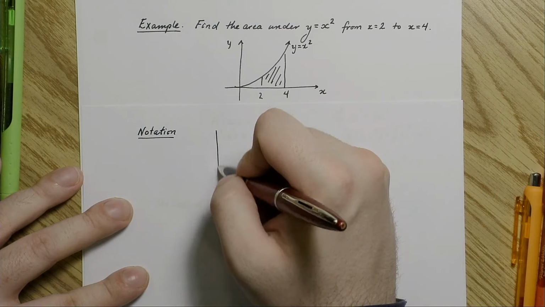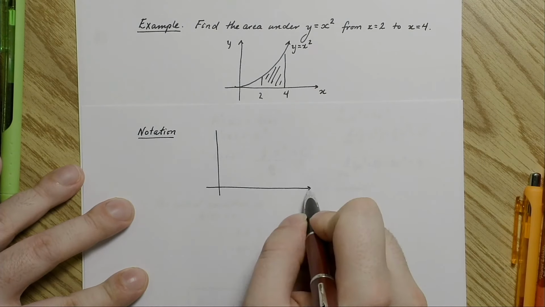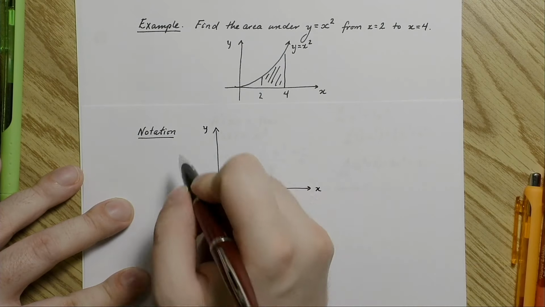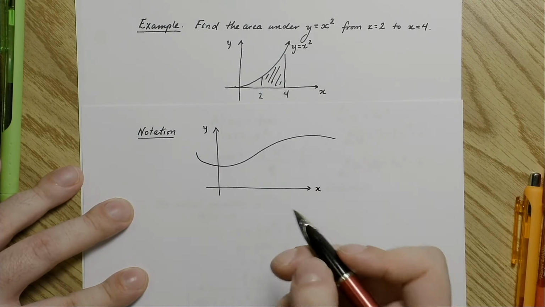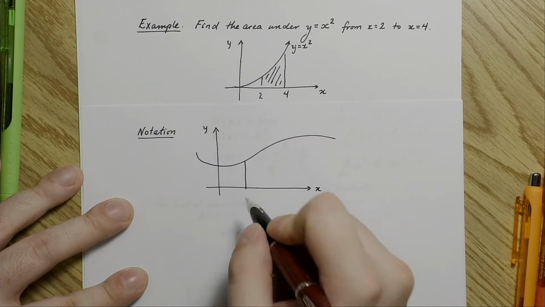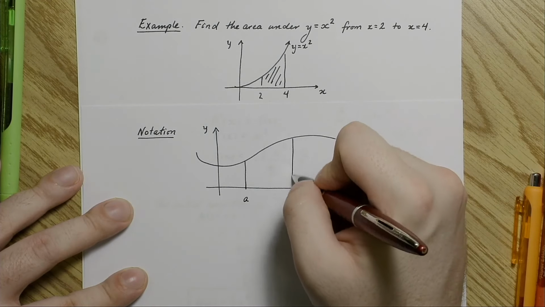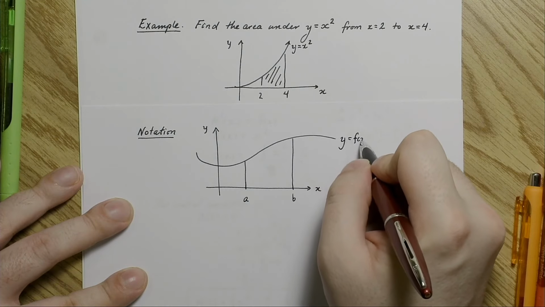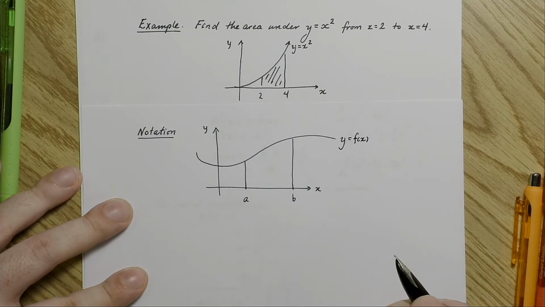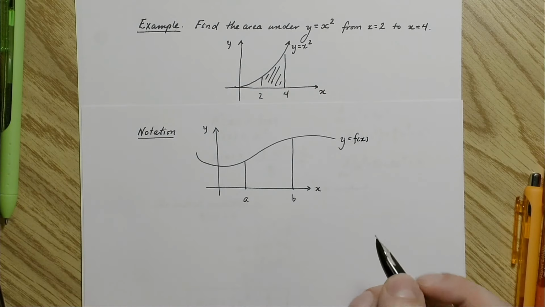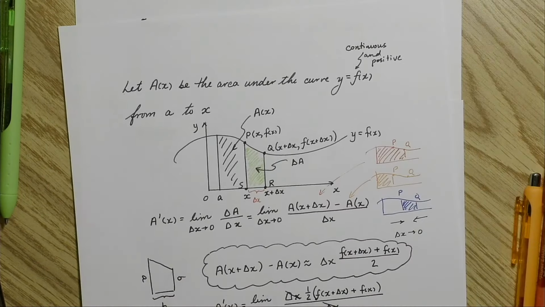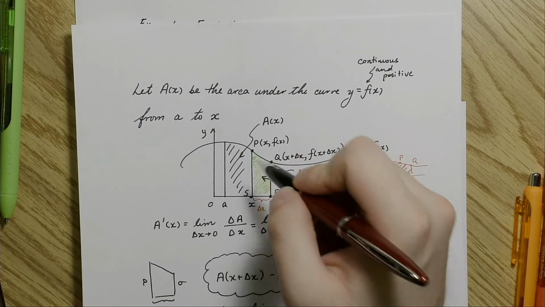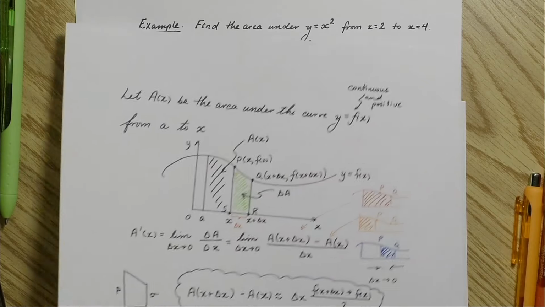So again, we have y, here's x, and some curve, and we go from a to b. Here's our curve, y equals f of x. So what they did, just similar to what we do here, is we are taking really, really small slices.